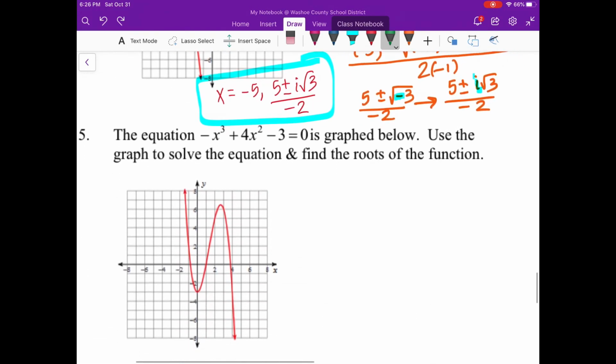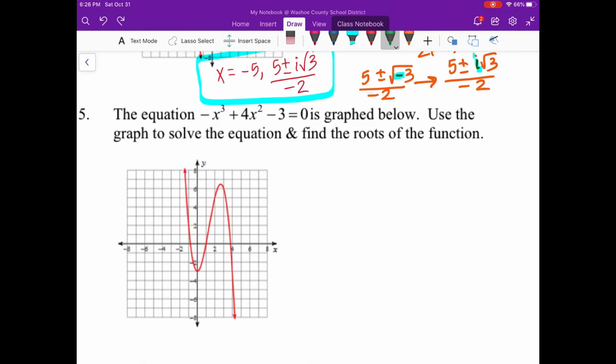Okay, for number 5, again, I'm looking at the roots here. And this one's not quite exactly going through. So I'm going to be using a +1. And then my coefficients are here. It looks like this time I do need a placeholder for my x. So I'm going to make sure I put in a 0. A good indicator there is if you forget to put the placeholder, you're not going to get a remainder of 0.